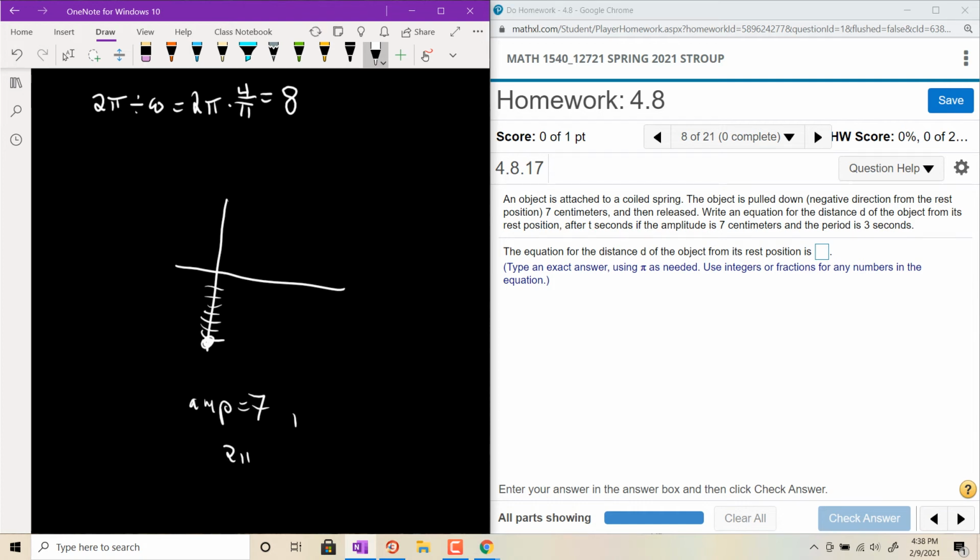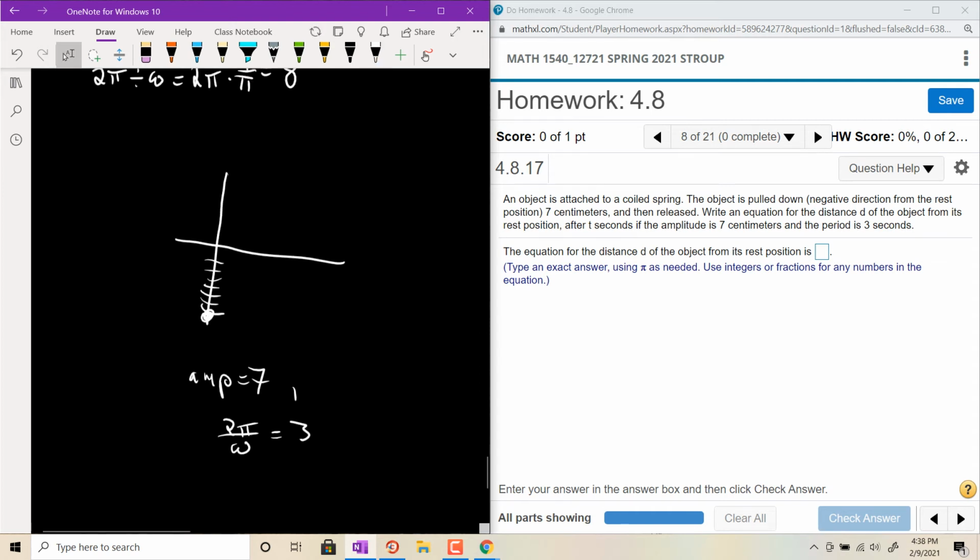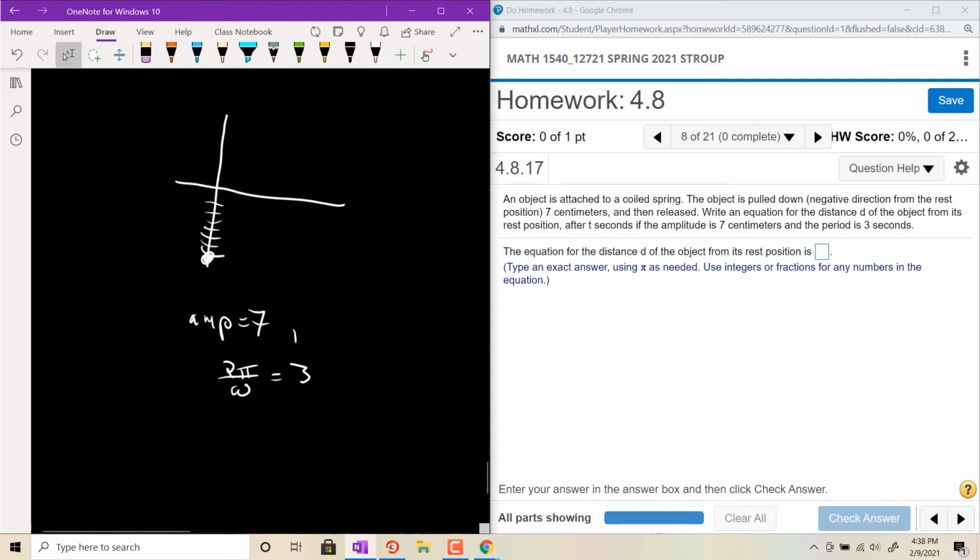So 2 pi over omega is 3 seconds. So I need the equation for this. Because it's starting downwards in the negative direction, it's going to be a negative cosine.